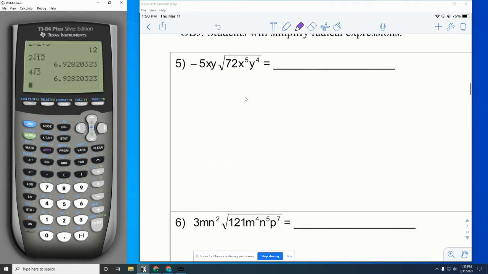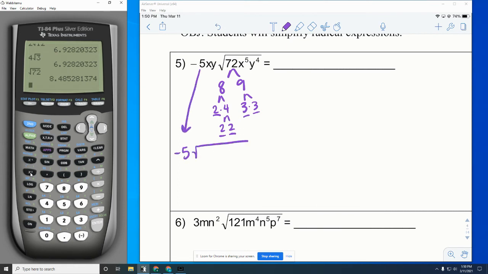2 more problems for you. So with number 5, the square root of 72 doesn't work nicely. 72 is 8 times 9. 8 is 2 times 4, and 4 is 2 times 2, where 9 is 3 and 3. So we had a negative 5. We're taking out 3 2's and 2 3's.